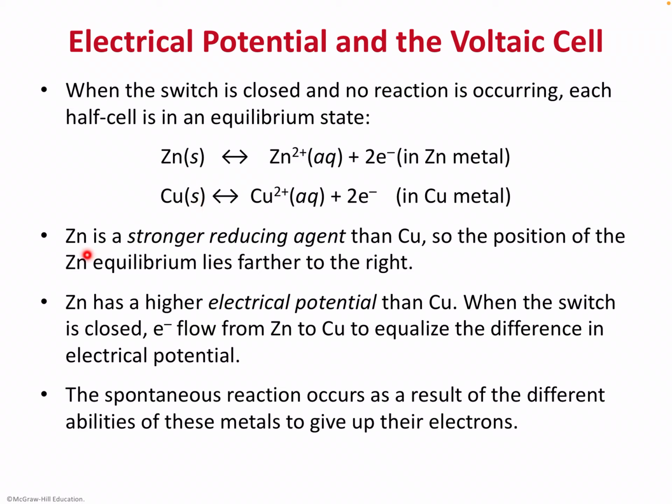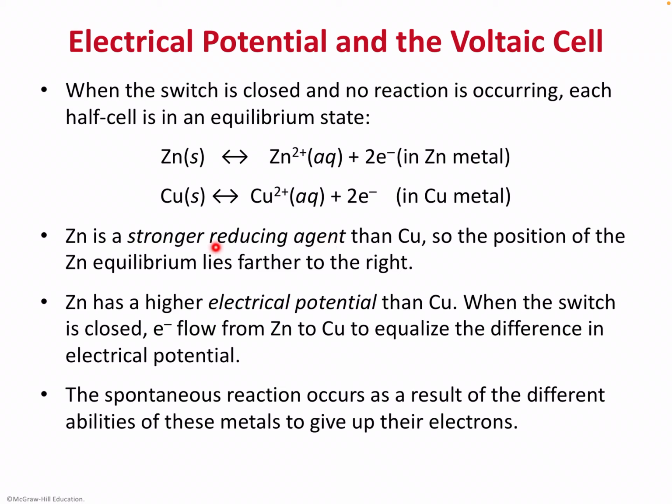So in this case, between zinc and copper, zinc is a stronger reducing agent. Remember, the reducing agent is the one that undergoes oxidation. So zinc is the reducing agent, meaning it helps copper to reduce: copper 2 plus takes 2 electrons and becomes copper.